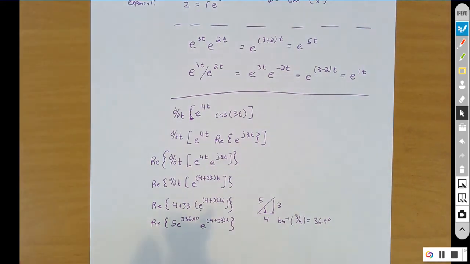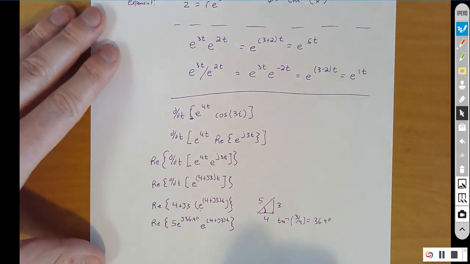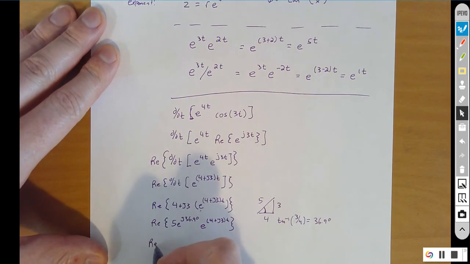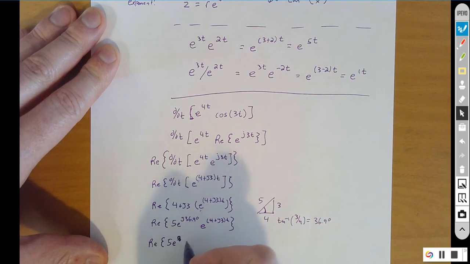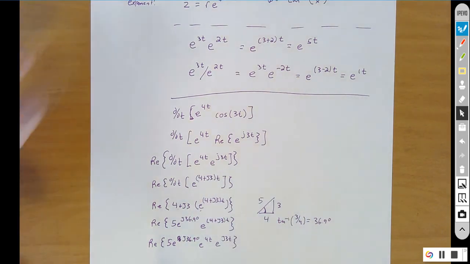So we want to rearrange our pieces so we can put together the things that have a j and the things that don't have a j. So we'll get the real operator, 5e to the, so let's break all these up. e to the j36.9 degrees, e to the 4t, and e to the j3t.